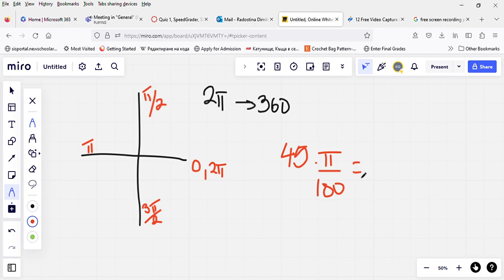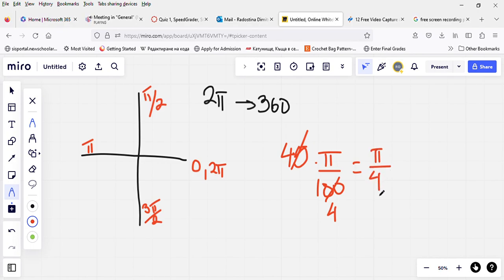Remember one thing: you cannot work in decimals. Only under very, very special circumstances where there is no way around can you work in decimals. These are not exact numbers. So when you do anything in trigonometry, you have to leave it in fractions. In this case, 45 goes into 180 four times. So the answer is going to be pi over 4.